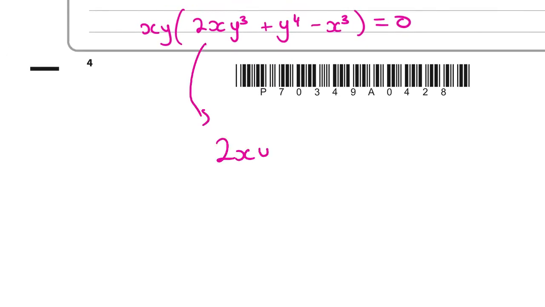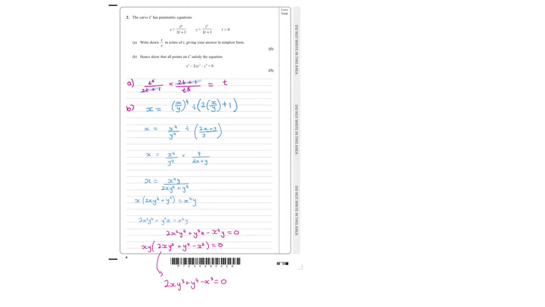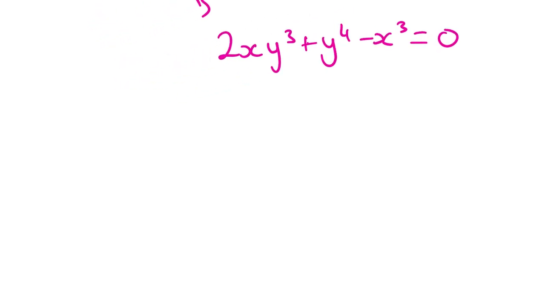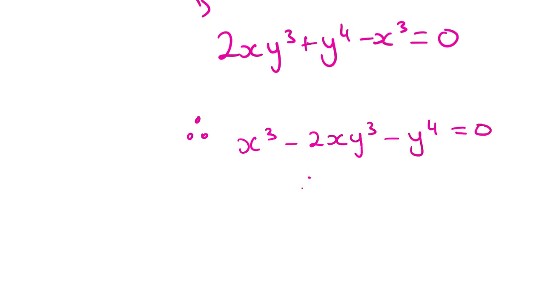So we have 2xy cubed plus y to the 4 minus x cubed equals 0. And we wanted a positive x cubed up here, didn't we? Yeah, so I can move everything to the other side. So therefore, x cubed minus 2xy cubed minus y to the power of 4 equals 0. Therefore proved. Beautiful. Nice and easy again.